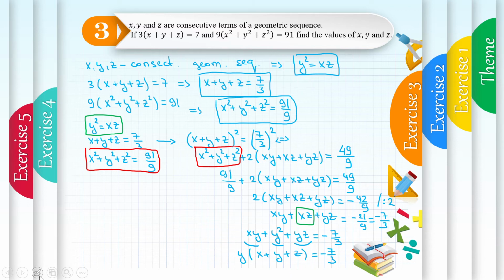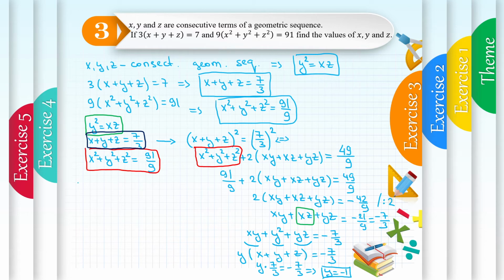And next, we are going to use the fact that x plus y plus z is equal to 7 over 3. So substituting this in the last equation, we will get that y times 7 over 3 is equal to minus 7 over 3, from which we get that y is equal to minus 1, and we found the value for y.